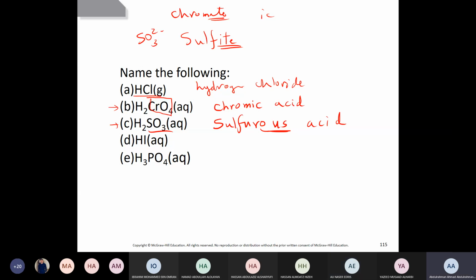How about D? What's the name of this compound? Iodic acid. Wrong. It's not iodic acid. Hydroiodic acid. True. What's the name of this compound? Iodic acid.